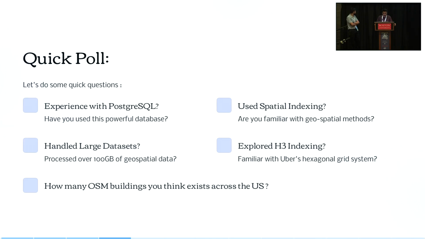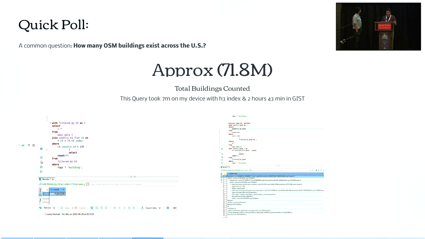And how many OSM buildings do you think exist across the US? Any idea? 300 million. Okay. 800 million. Okay. 500 million. Okay, so we'll see the results. It's approximately 71.8 million total buildings counted.